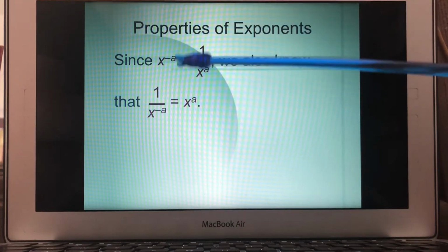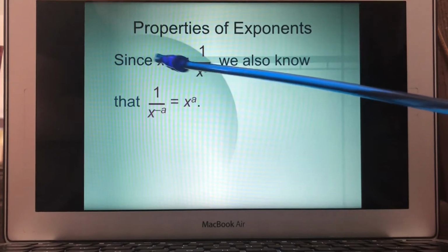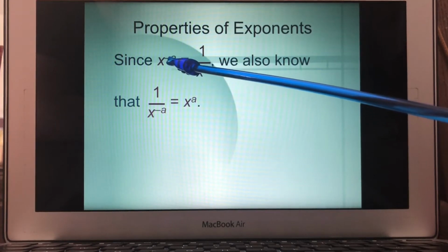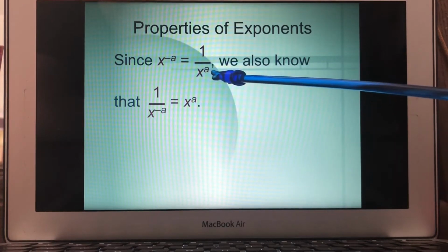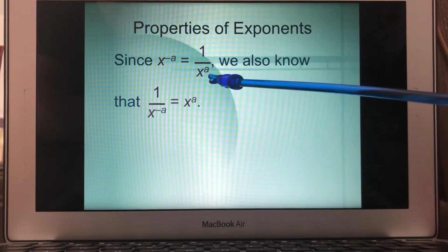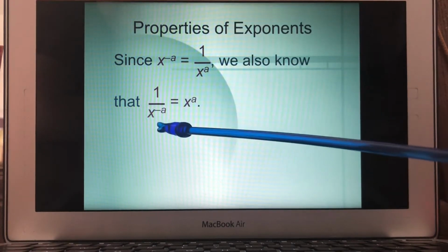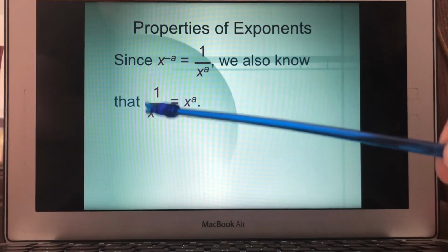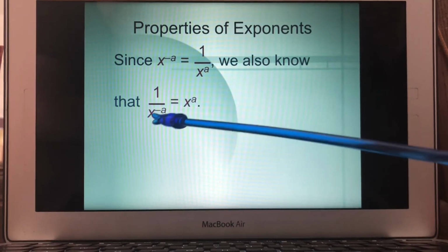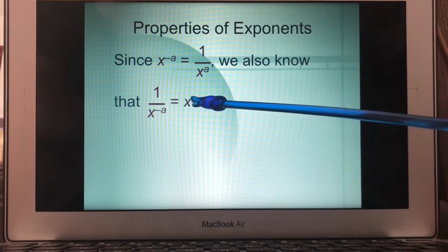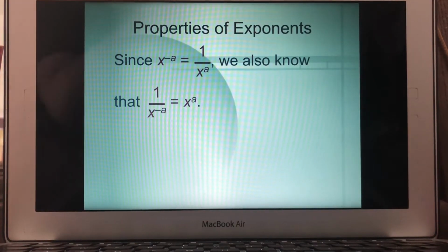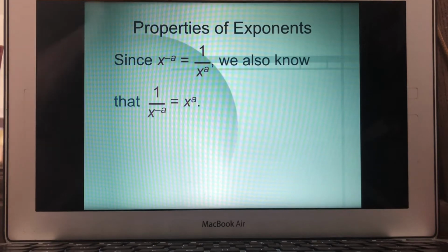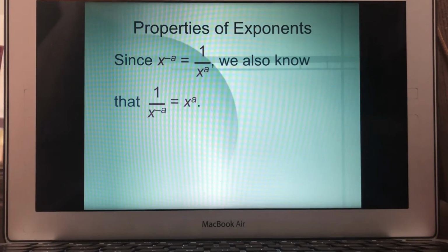Again, like I said before, any number raised to a negative power, you're just going to flip that and find the reciprocal of that number. So same thing here. Here's our original fraction, 1 over x to the negative a power. The negative a power just brings me to the reciprocal of that fraction, and I flip it upside down.